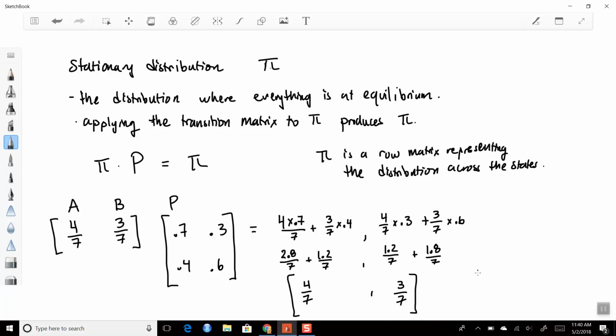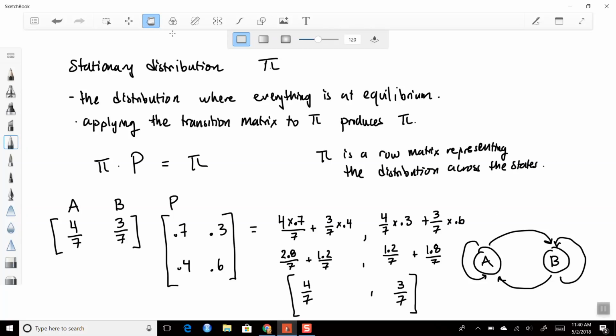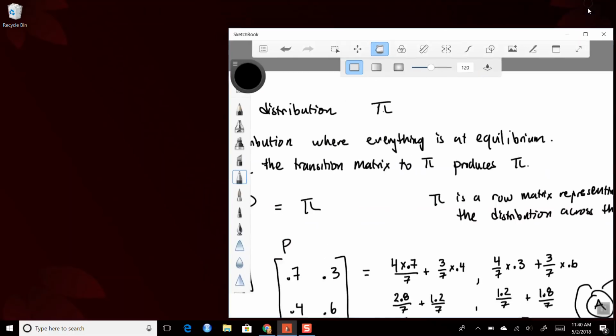And what this looks like is, here I've got A and here I've got B. Basically, the amount that's going from here to there, these amounts are equal.